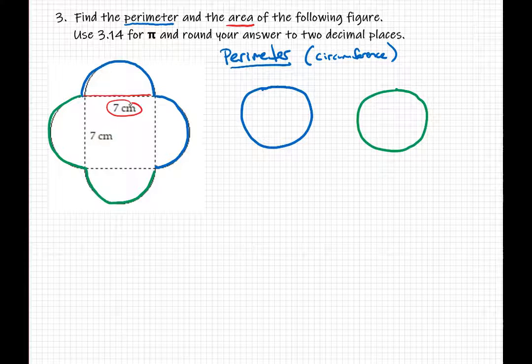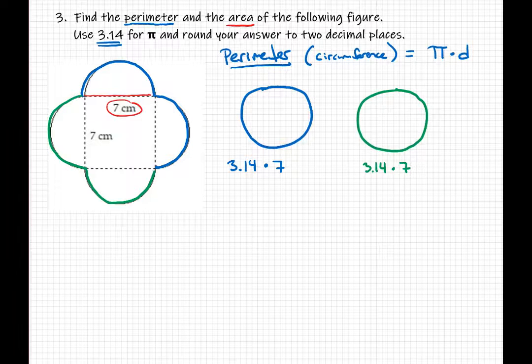And the formula for the perimeter is pi times the diameter. Okay, we're using 3.14 for pi. So the perimeter of the blue circle is 3.14 times 7. And for the green one, it's the same thing, 3.14 times 7.